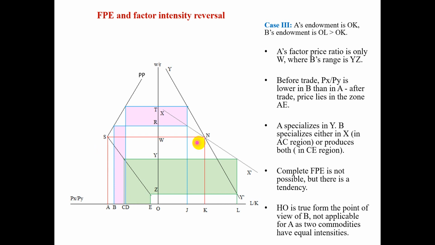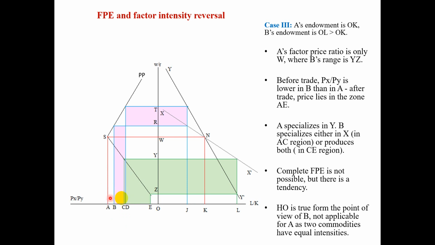This is because A's endowment is only OK, so it is here, and Px by Py in country A is higher. So that is why A will be specializing in Y. But the free trade price ratio will be lying in the zone AE.